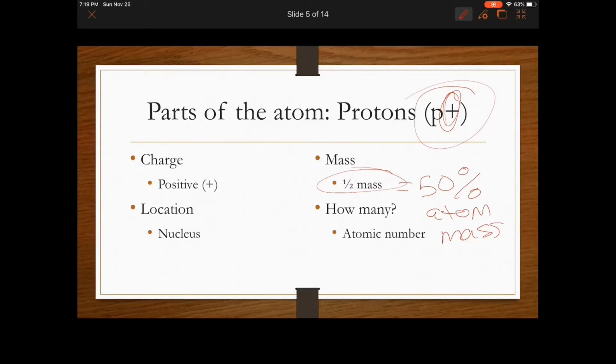So if we're looking at boron, the symbol for boron is B. The atomic number is 5. So that would mean that there are 5 protons in a boron atom. So the atomic number is equal to the number of protons.